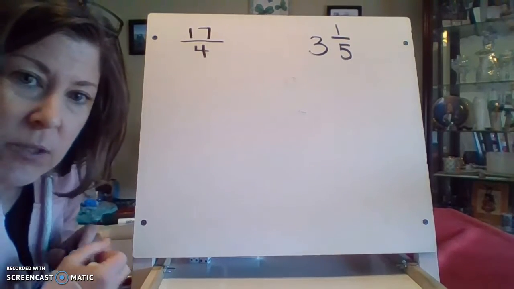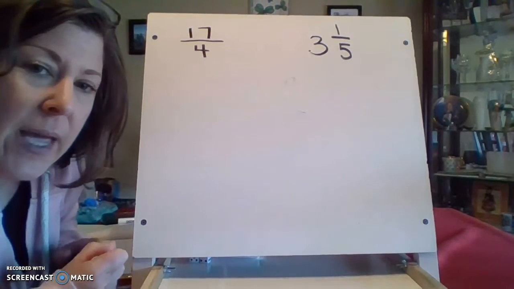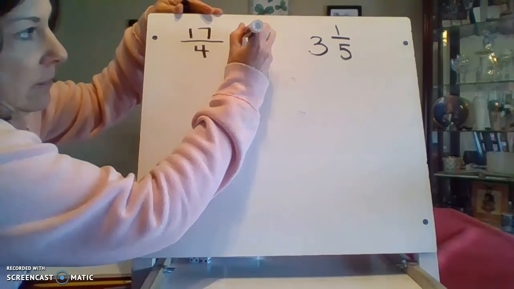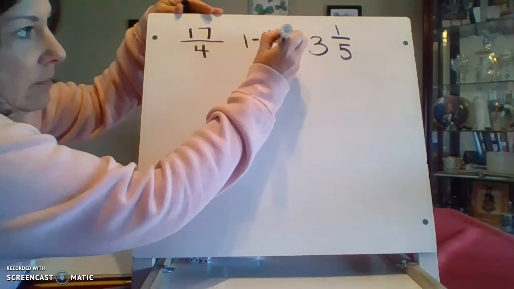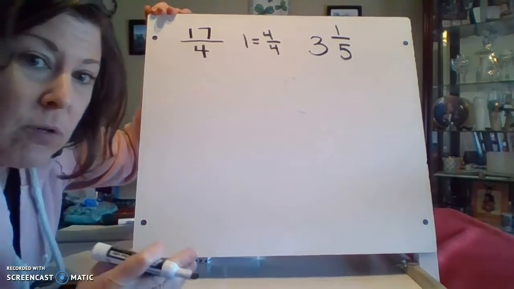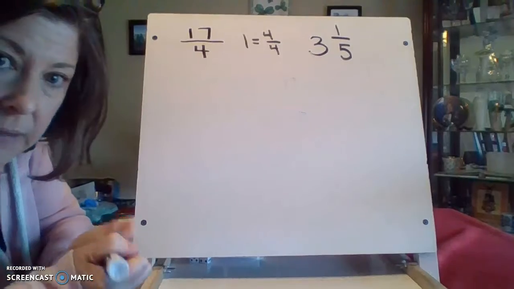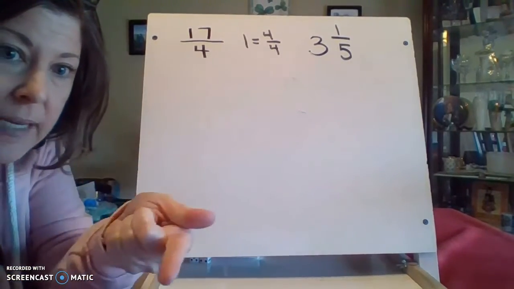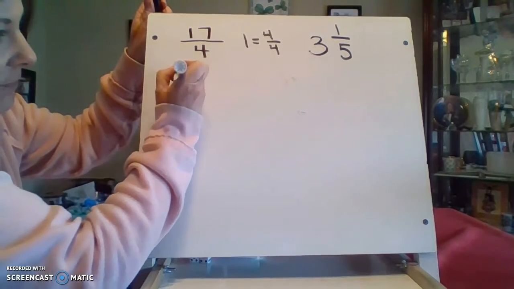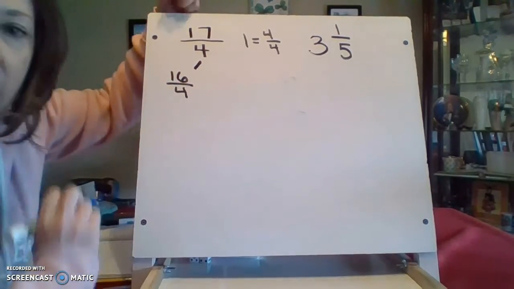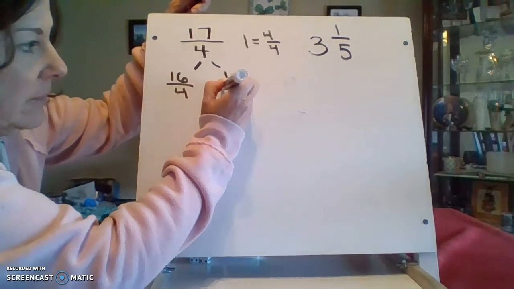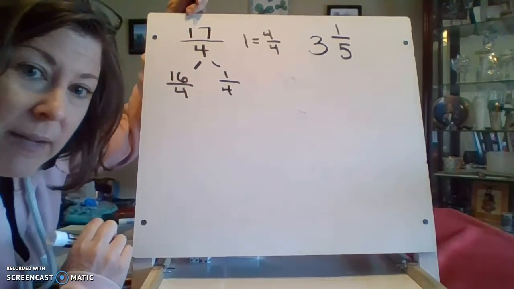So what we did yesterday is we took our 17/4 and we want to know how many 4/4, because 1 whole equals 4/4, how many 4/4 can I get from 17? Well, 4, 8, 12, 16. So I've used 16/4, but there's 17. I still have one left over.